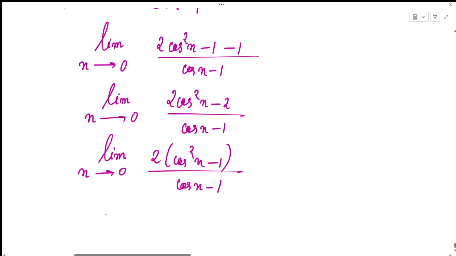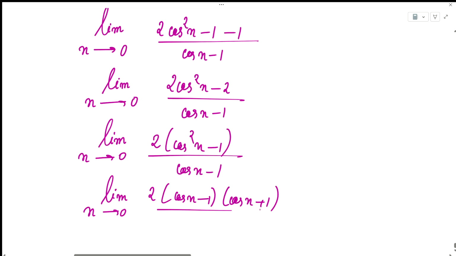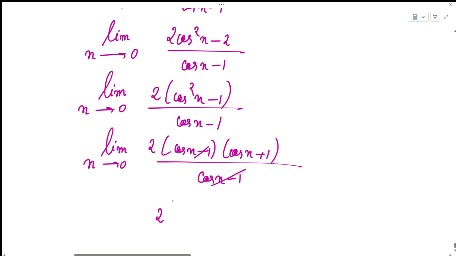Now if you factorize this, we will have 2 times (cos x minus 1) into (cos x plus 1), and on the bottom we'll have cos x minus 1. So we can cancel this out. So we'll get 2 times (cos 0 plus 1), which is 2 times (1 plus 1), which gives me 4.